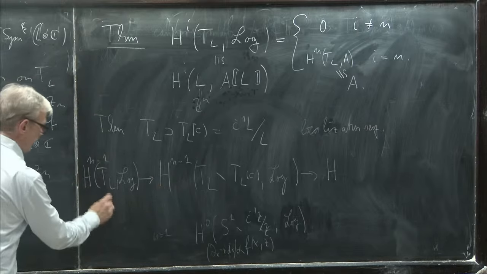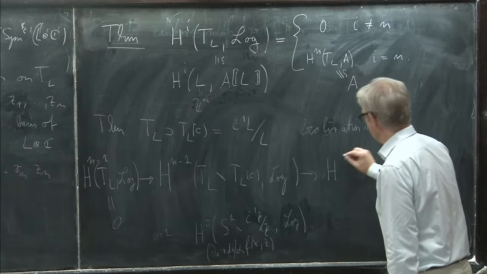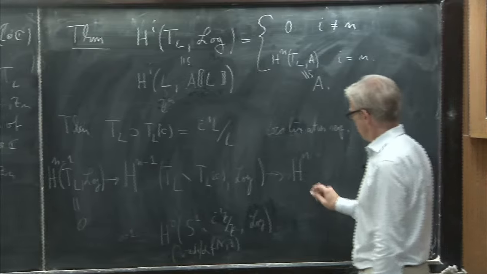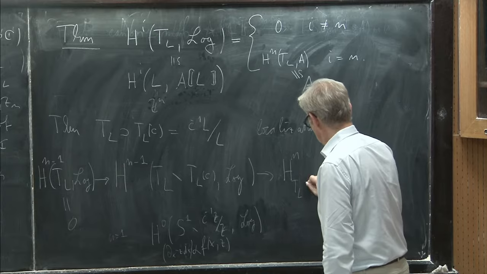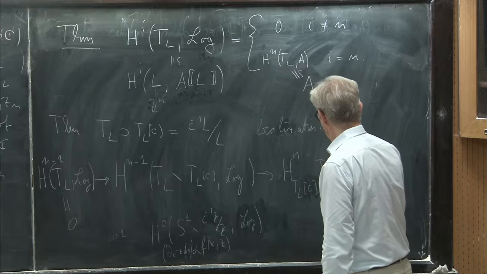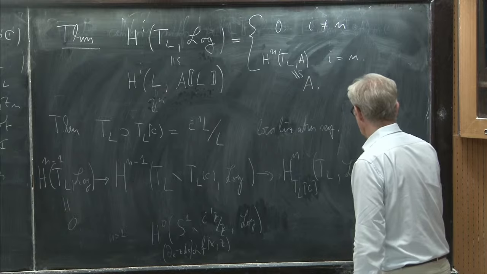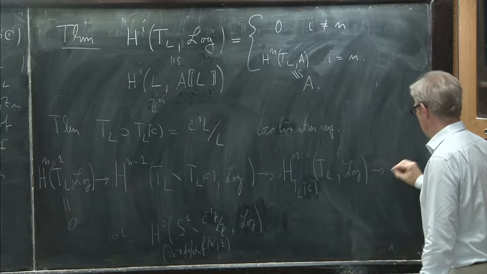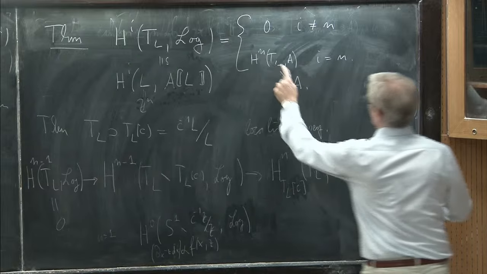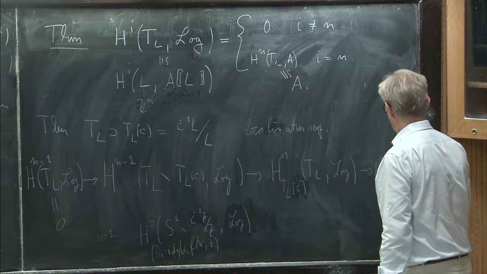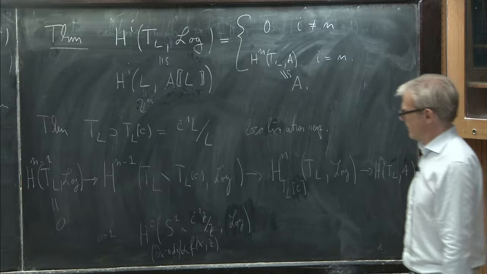And by the theorem above, that's just 0. And the next step, it goes to the cohomology with support in these C torsion points on TL with values in log. And then it goes on to Hn of this, which is just this. So we have that little piece.